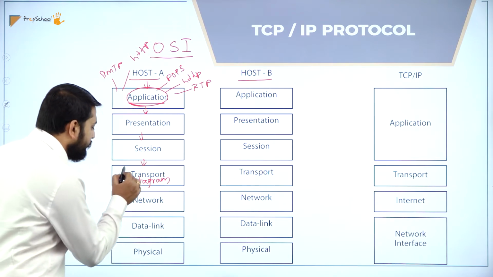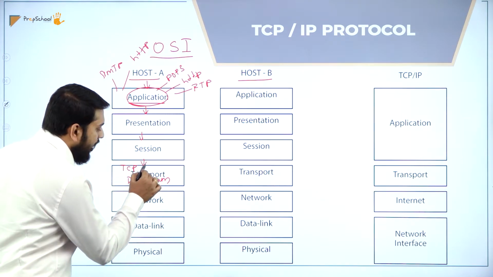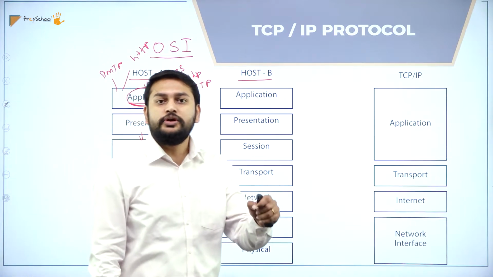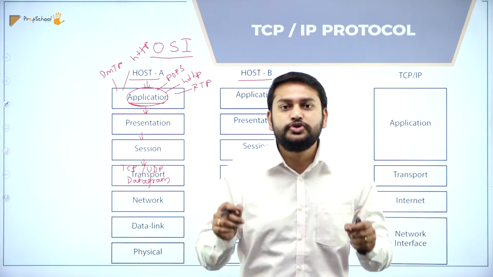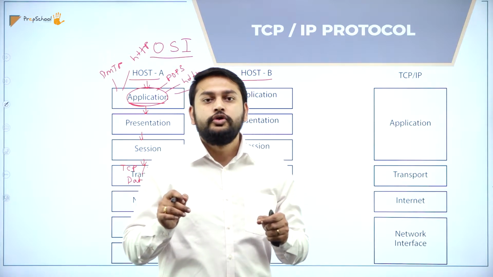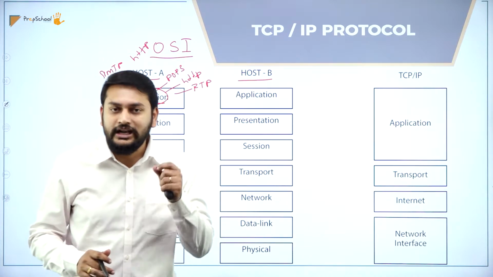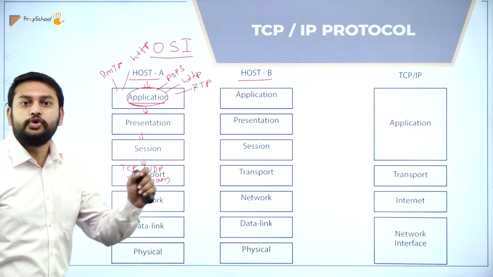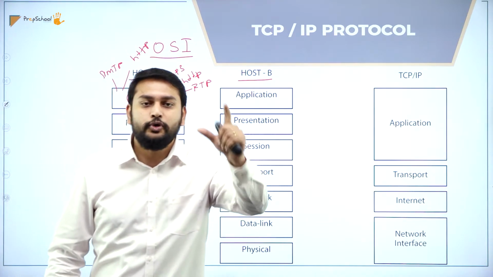You have two types of protocol: one is TCP, another one is UDP. TCP means Transmission Control Protocol, UDP means User Datagram Protocol.